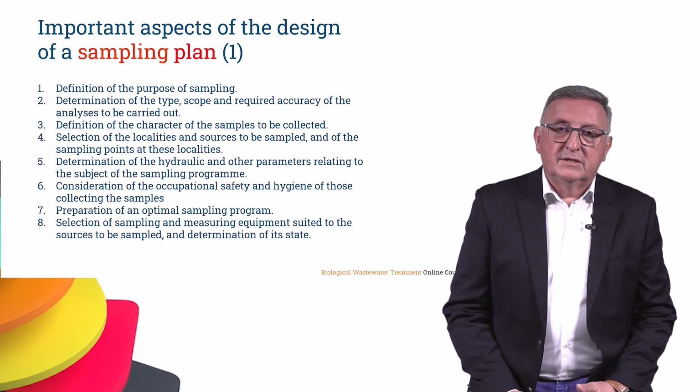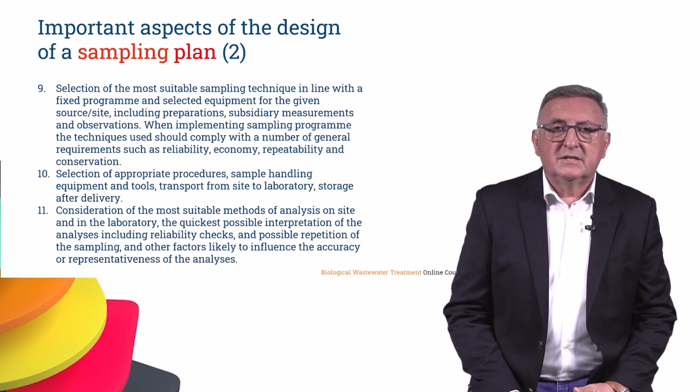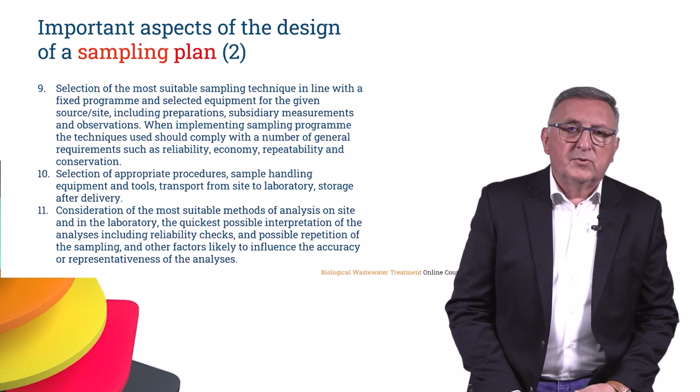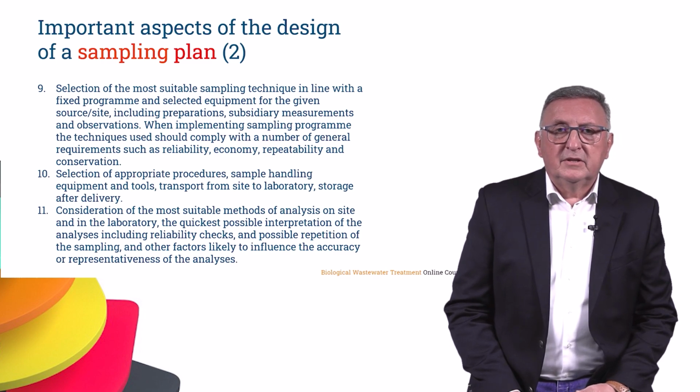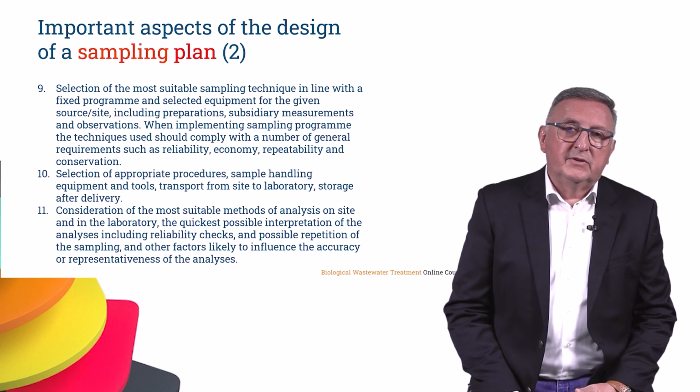Furthermore, you need to select sampling and measuring equipment suited to the source to be sampled and determination of its state. Further on, selection of the most suitable sampling technique in line with the fixed program and selected equipment needs to be given for the source or site, including preparations, subsidiary measurements, and observations.